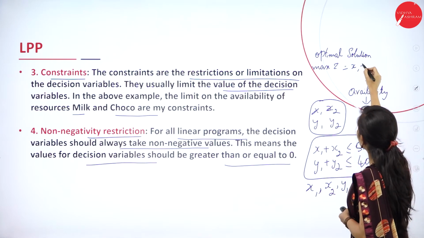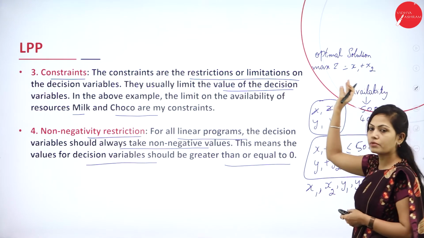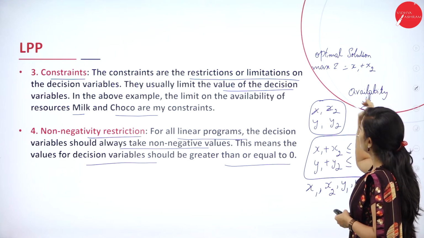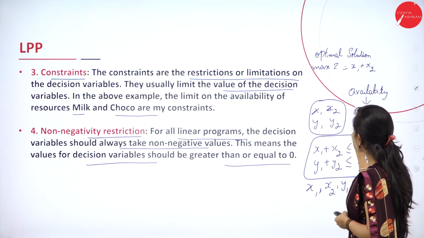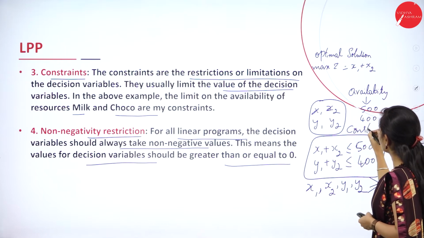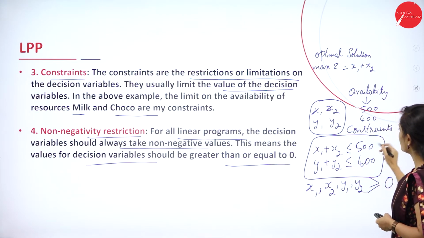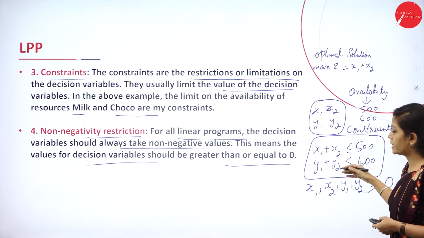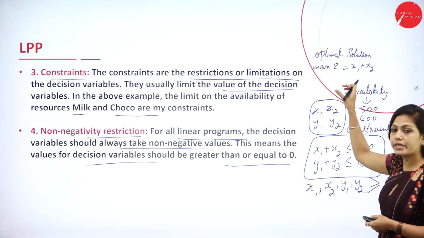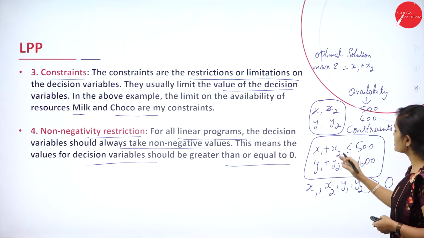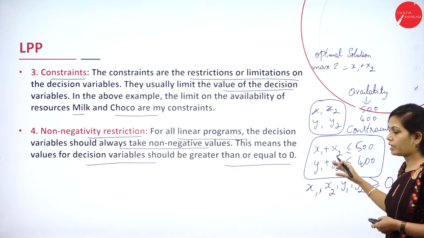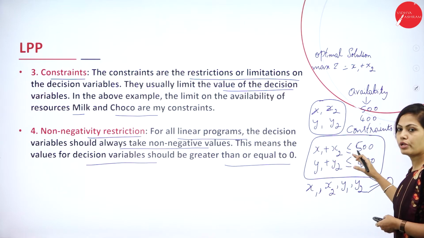For example, x1 plus x2. This is the optimal solution, and here I have to find the constraints for a given problem. This is an example for constraints. First you have to choose better decision variables. Here I have given one example, x1 plus x2 less than or equal to 500.